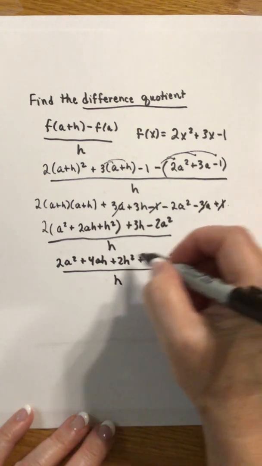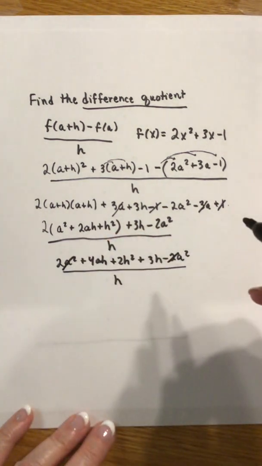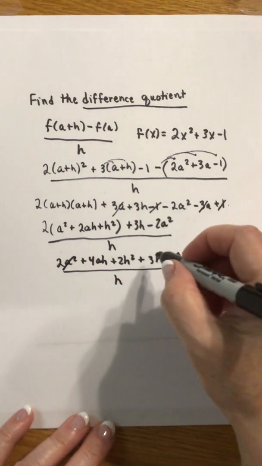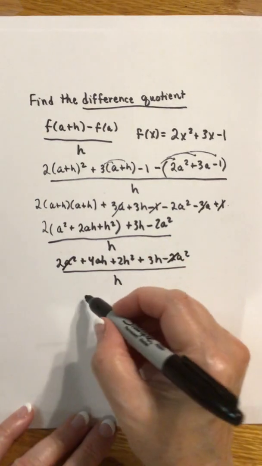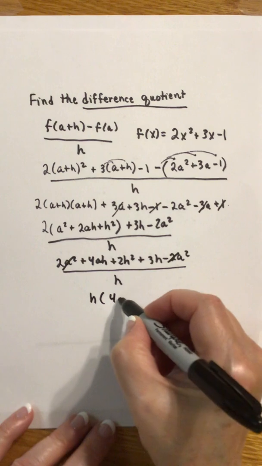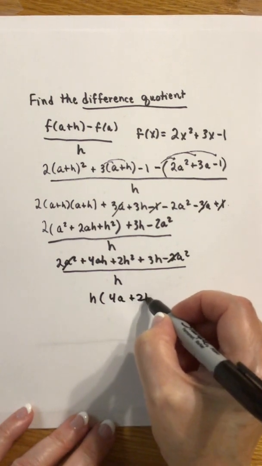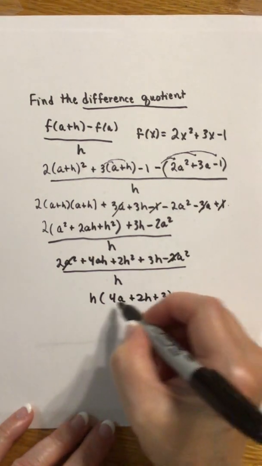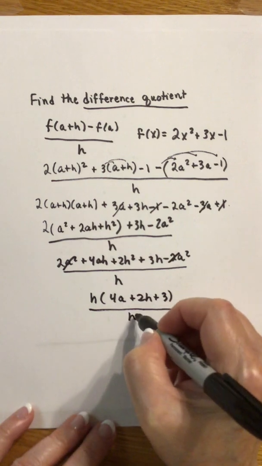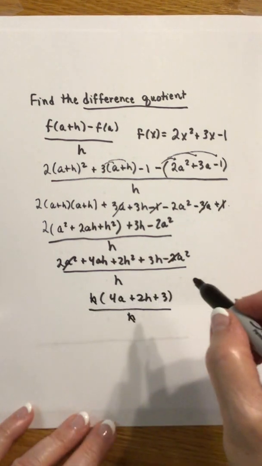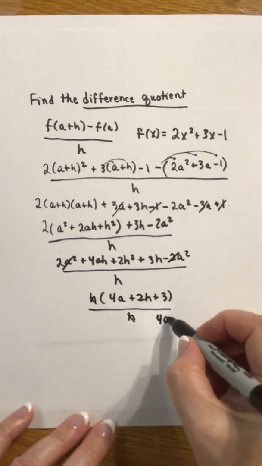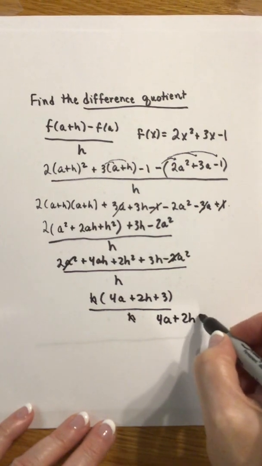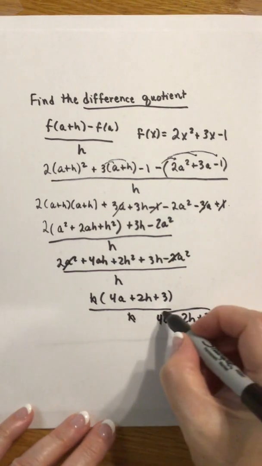So this negative 2a squared and a positive 2a squared are going to cancel out. We see that there's an h in common of all of those, so we're going to factor an h out and get 4a plus 2h plus 3 all over h. And then the h's are going to cancel out. And there would be my answer, 4a plus 2h plus 3.